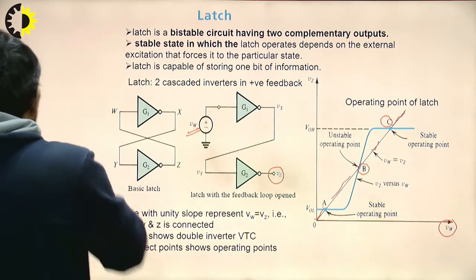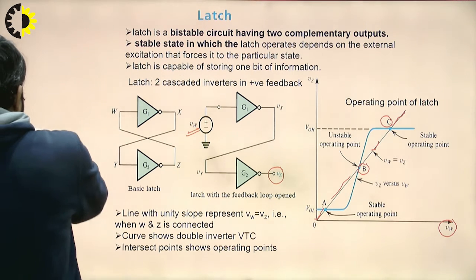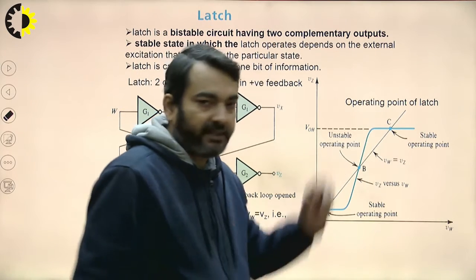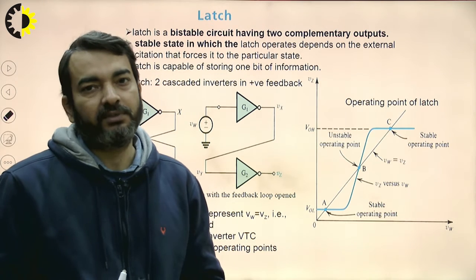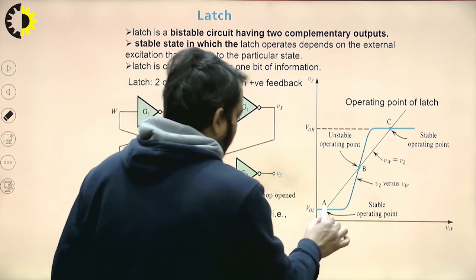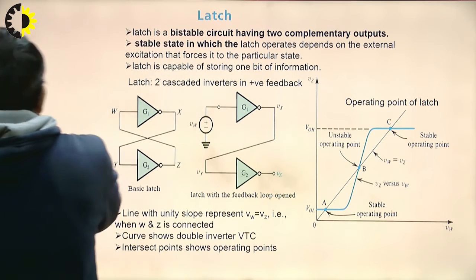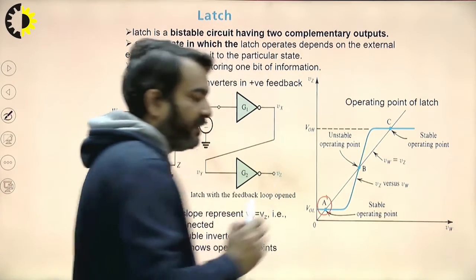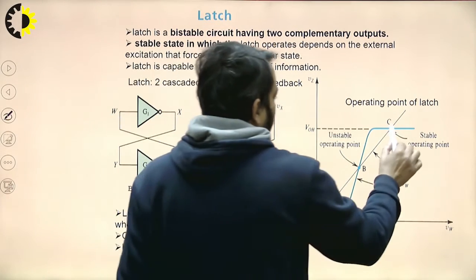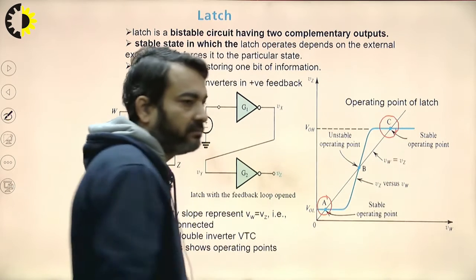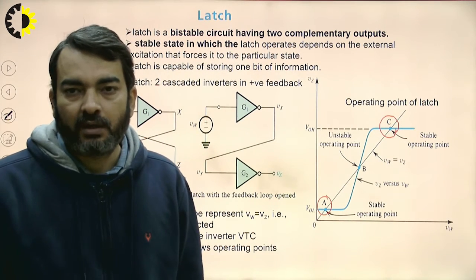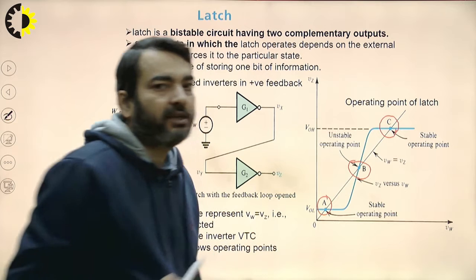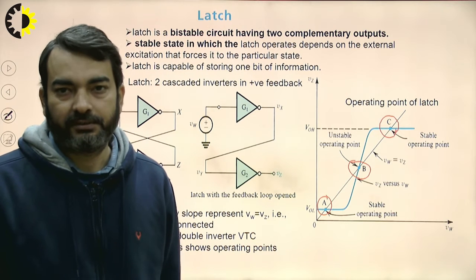But if we examine these intersect points, we will find only two states are stable. One corresponds to logic 0, that is point A, and one corresponds to logic 1, that is point C. If the circuit is at this middle point, this is not a stable point.